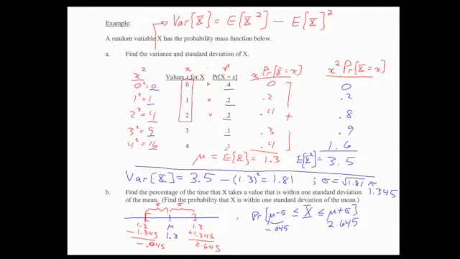This is an equivalent question in this particular example to saying how likely is x to be a 0, a 1, or a 2. And we could just add the probabilities that x lands on one of those values, 0.4 plus 0.2 plus 0.2. It's a total of 0.8. That is to say, 80% of the time, this random variable will produce a value that is within one standard deviation of the mean of 1.3.